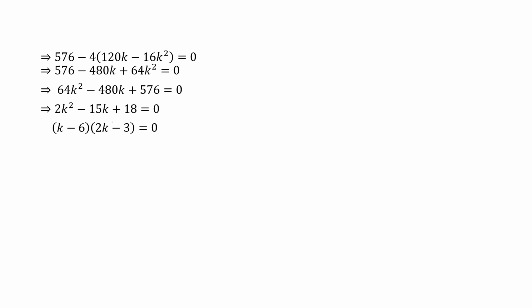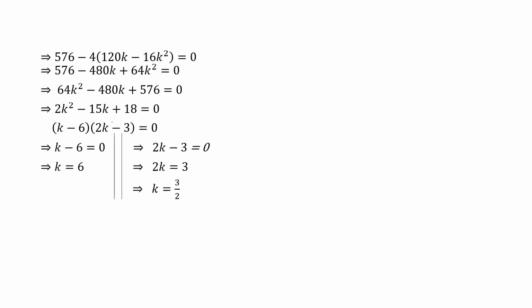This means that k minus 6 is equal to 0, so k is equal to 6. You bring the negative 6 to the other side of the equation to get k is equal to 6. Or 2k minus 3 is equal to 0, meaning 2k is equal to positive 3, so k is equal to 3 over 2.